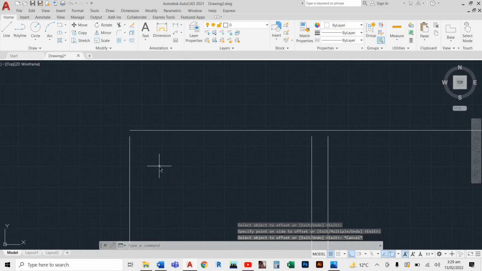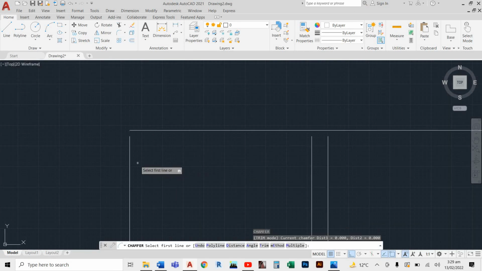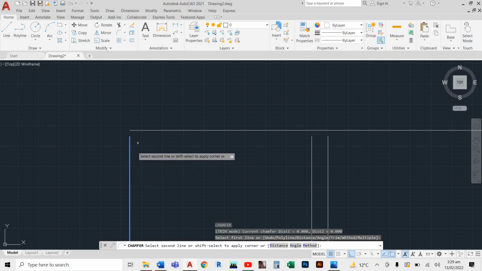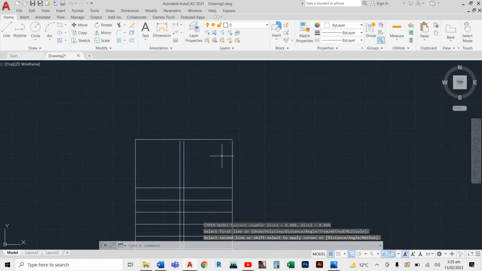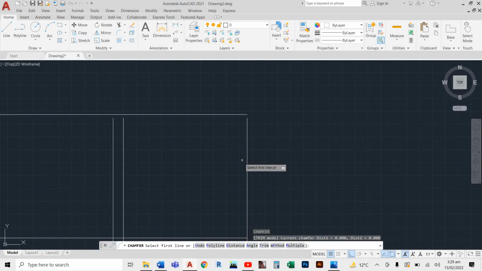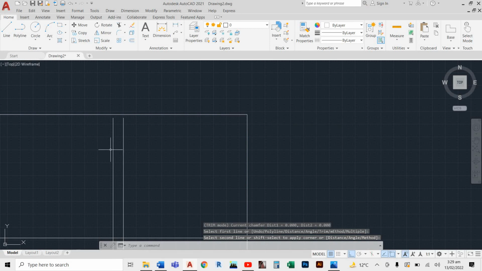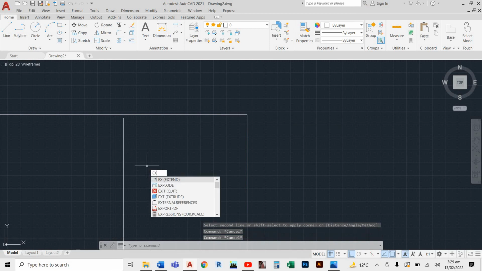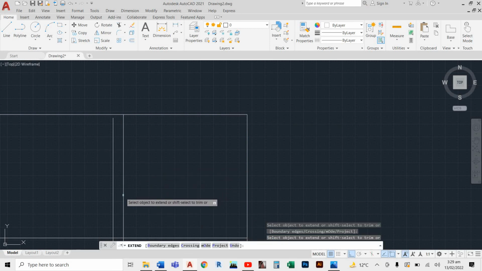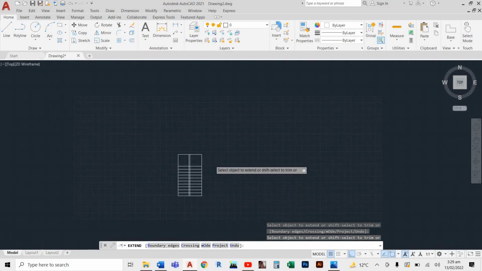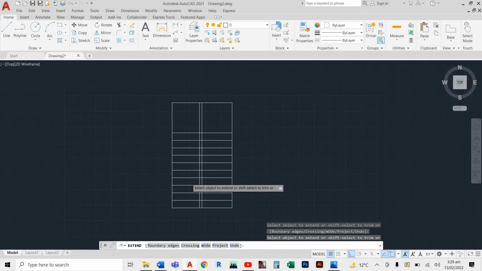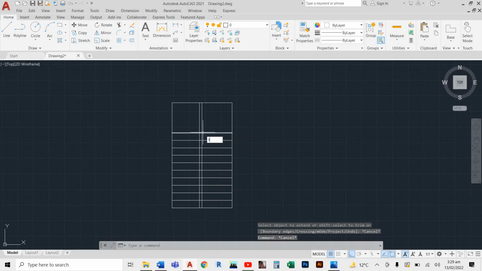So now we can chamfer this with this, and also this with this, and also here we can extend, if you remember the previous lessons. Then what should we do? We have to trim.